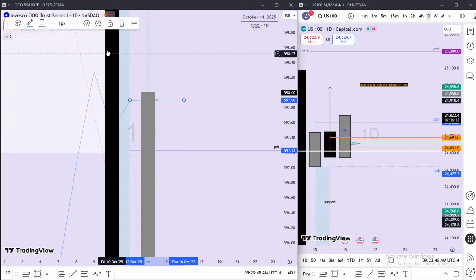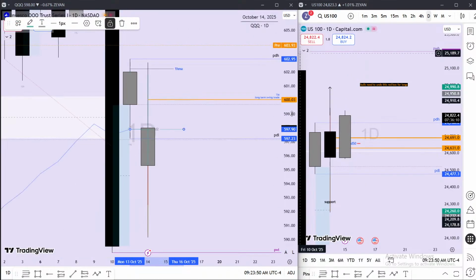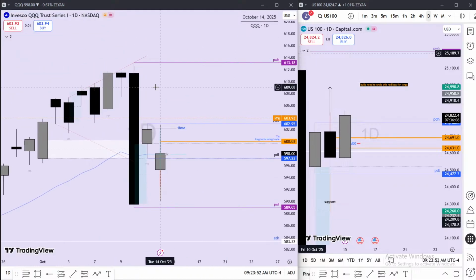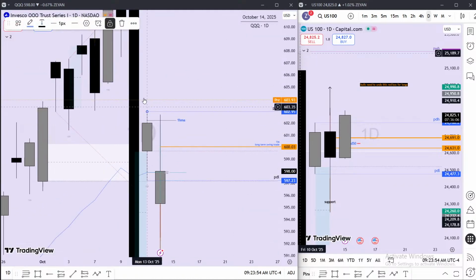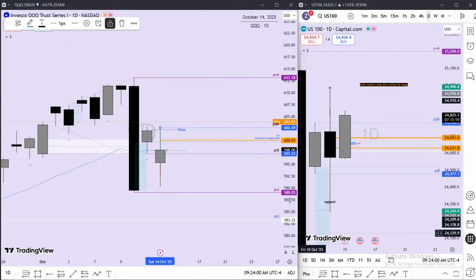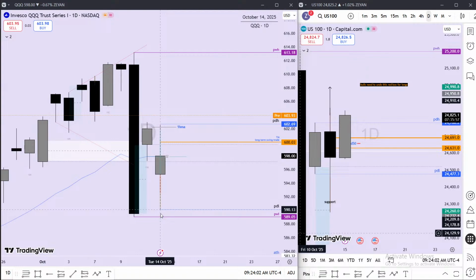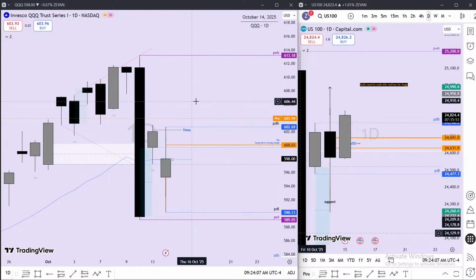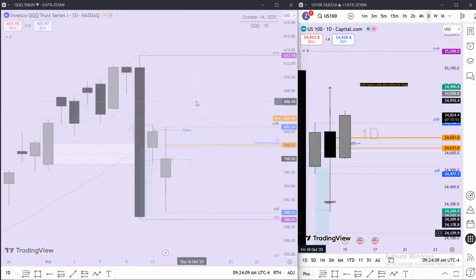I'm gonna do it a little faster because I do not have much time. Let's mark the previous day high, the PDH line, and PDL, previous day low. Lock it. Now coming to the hourly time frame.